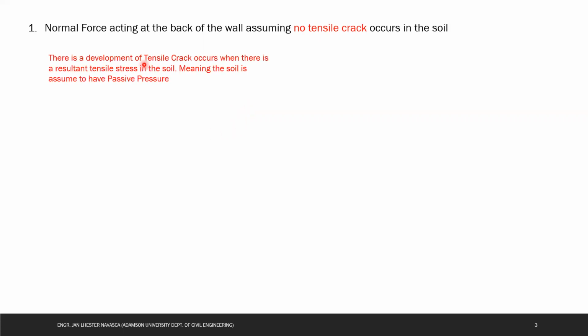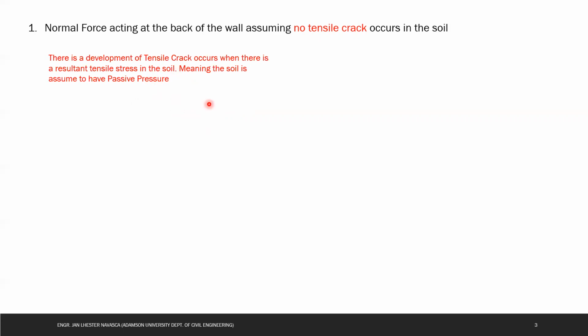So there is a development of tensile cracking when there is a resultant tensile stress in the soil. So meaning the soil is assumed to have a passive pressure.